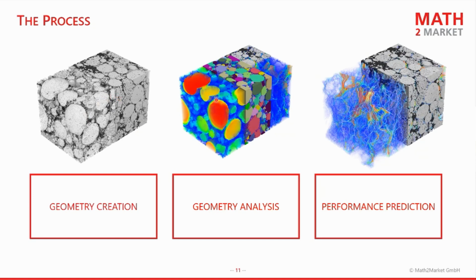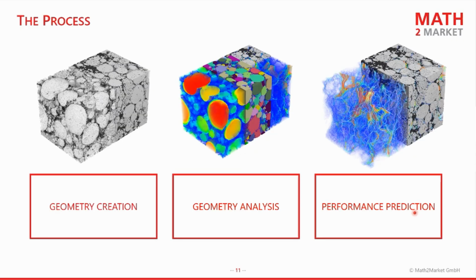Then you need to analyze the microstructure in 3D. And here is where you are leaving the common microstructure analysis world that you know maybe from other image segmentation software, because GeoDict is going ahead of this pure geometrical analysis. With GeoDict, you can do a performance prediction.